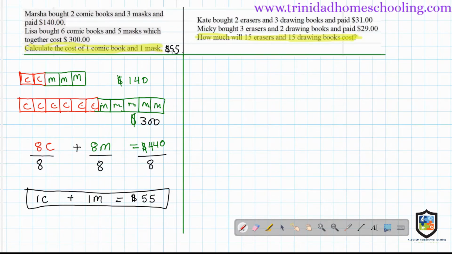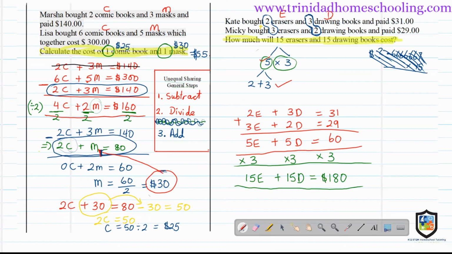Alright, now let's look at the question before that I did. Alright, all this working here, using the unequal sharing general steps, and it became the same answer, right? One comic book and one mask, $55. Alright, so let's work out the other one.